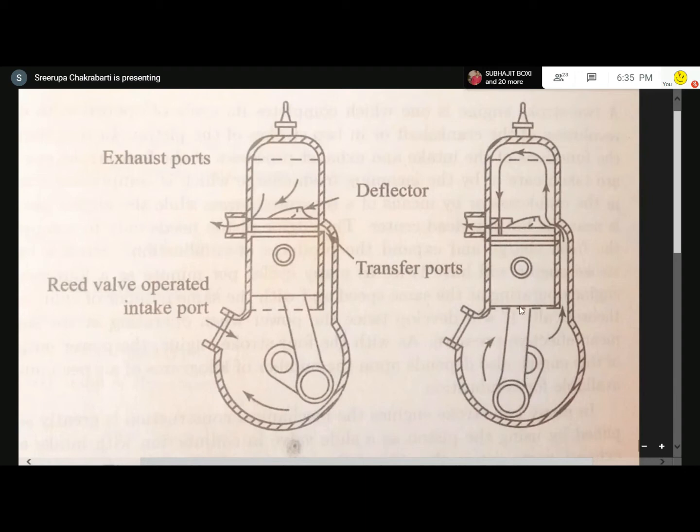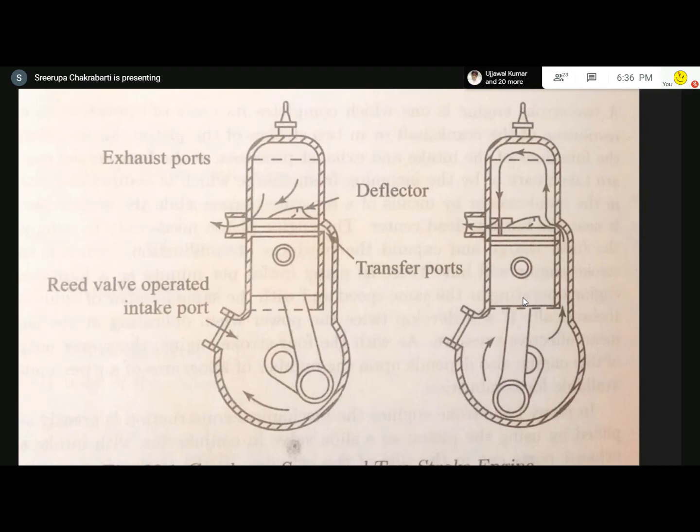That means this position of the connecting rod and this position of the crank should be here, with this particular position of the piston, and this position of the connecting rod and crank should come here with this particular position of the piston. Then it will be perfect. Have you understood this?